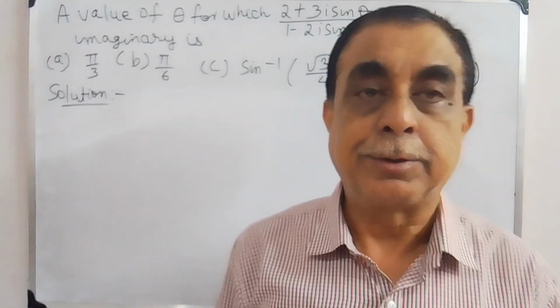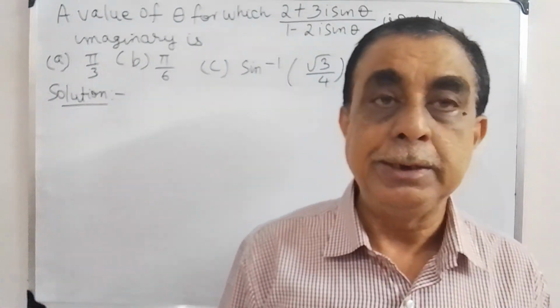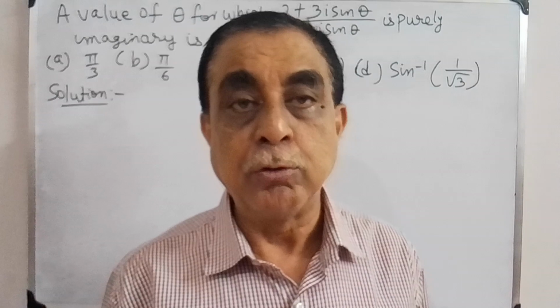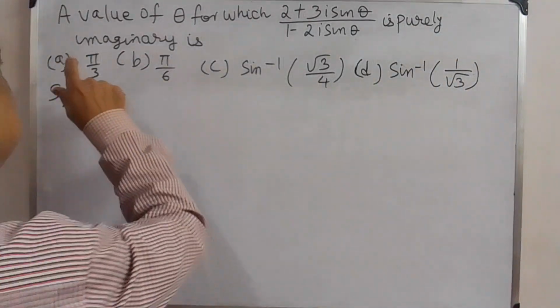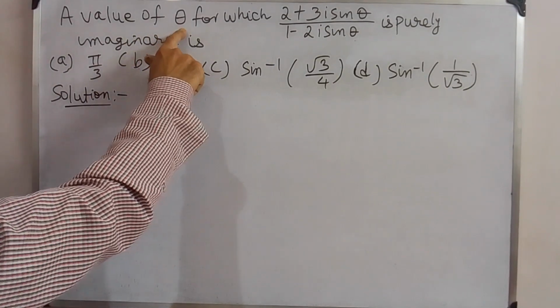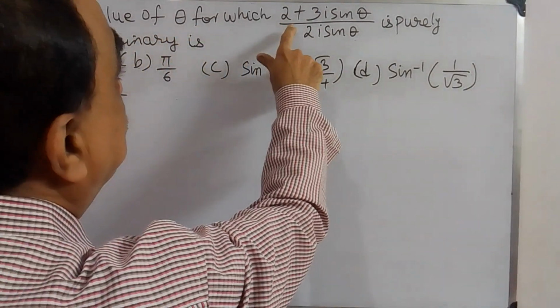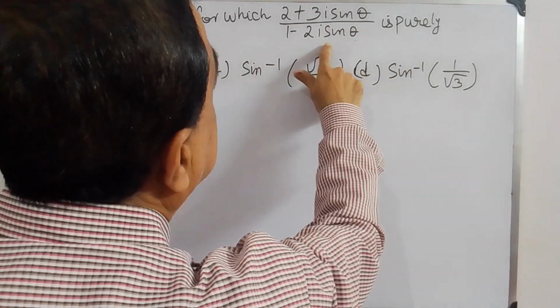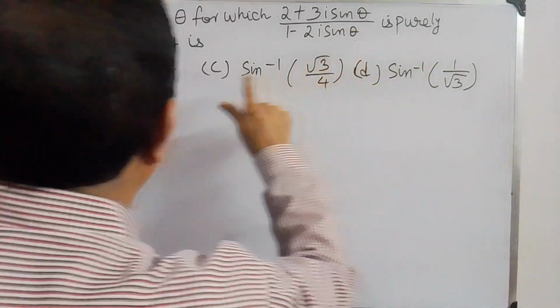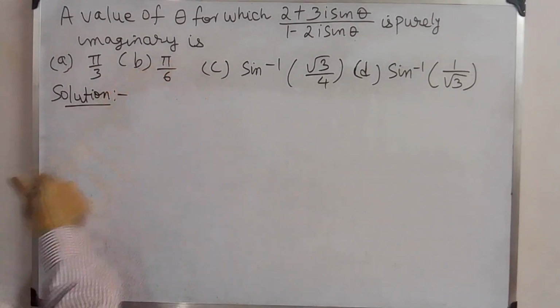Today we are doing a sum from JEE Mains 2016. The sum reads like this: a value of theta for which (2 + 3i sin theta) / (1 − 2i sin theta) is purely imaginary is.